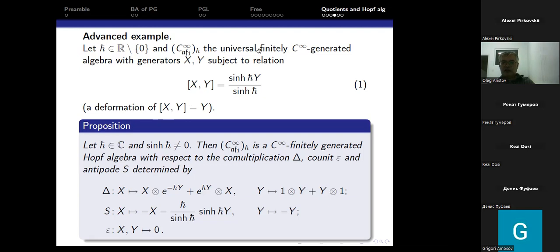But our algebra is a deformation. So we take the universal finitely C infinity generated algebra with two generators with a deformed relation.